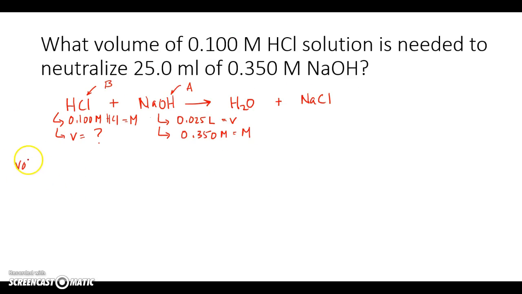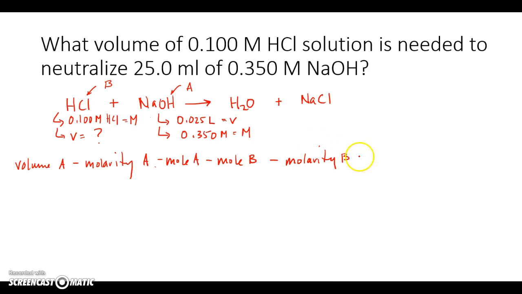So let's write down that schematic. We have volume A to molarity A to mole A, mole B to molarity B, and to volume B. So let's put in our dimensional analysis. 0.025 liters of NaOH.